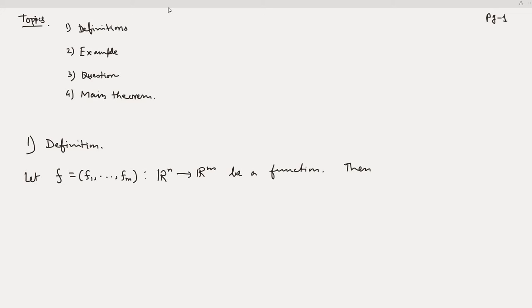the ith partial derivative of f denoted by dif. So this is again a function from Rn to Rm, where i lies between 1 and the number of variables, that is n.